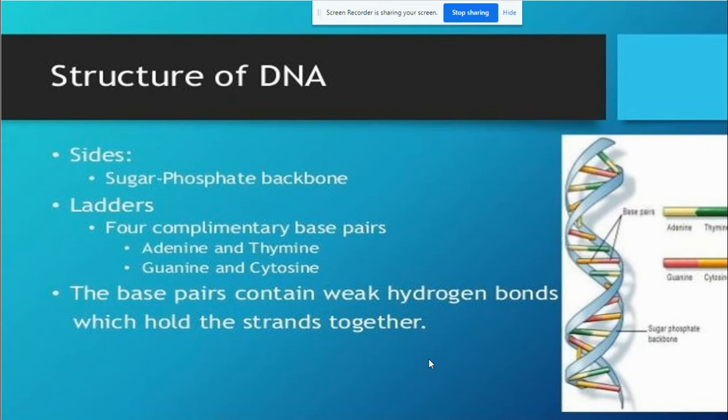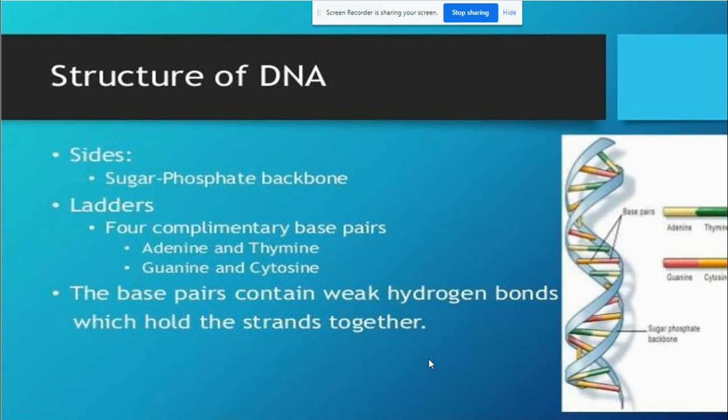The ladders going inside are the complementary base pairs: adenine and thymine, guanine and cytosine are the pairs that construct a DNA formation. As we see, the base pairs contain weak hydrogen bonds which hold them together to make our proper DNA.